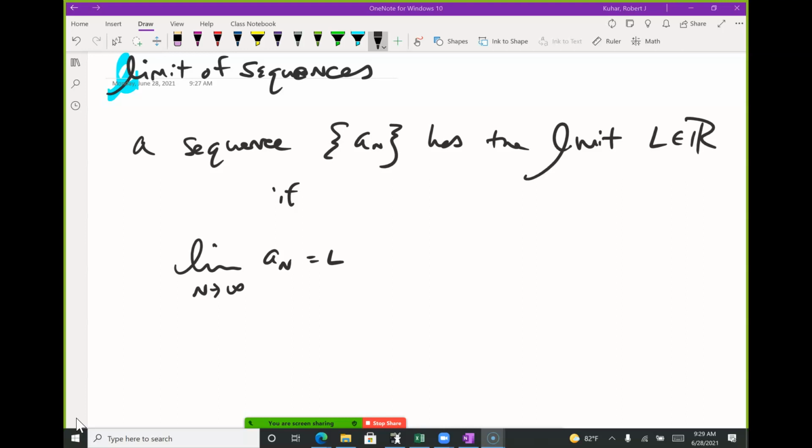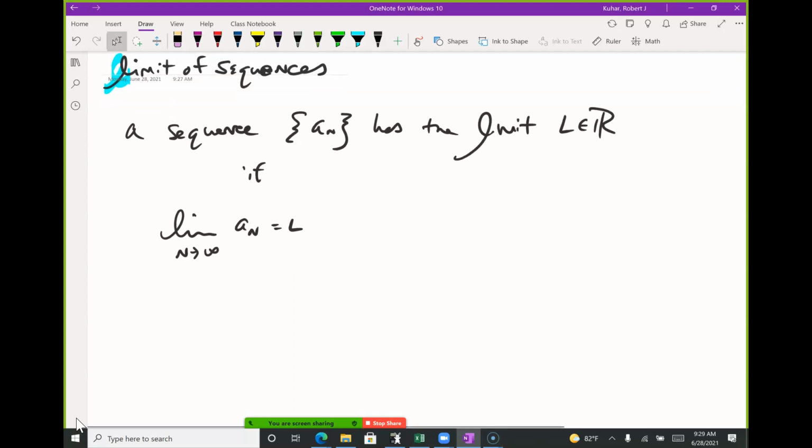It's going to tell us something about the convergence a little bit later on, but we're just trying to review that we know how to find these limits, right? So example, if a sub n equals n over n plus 1, right, find the limit.